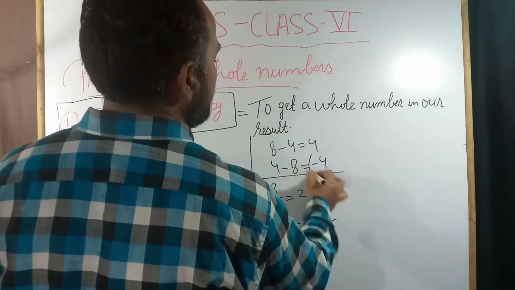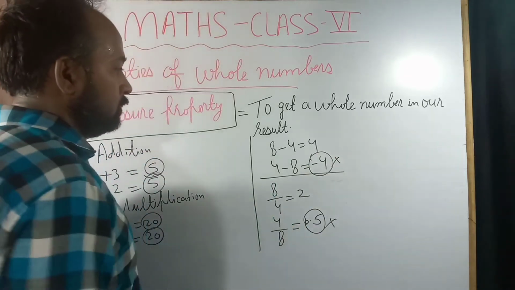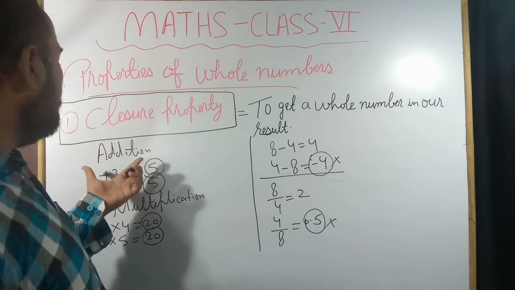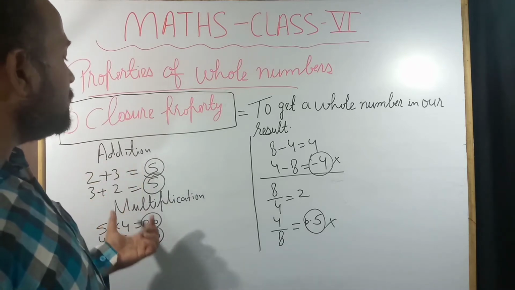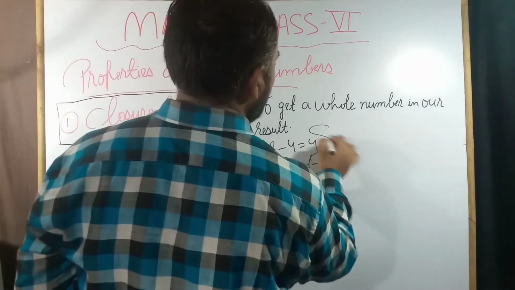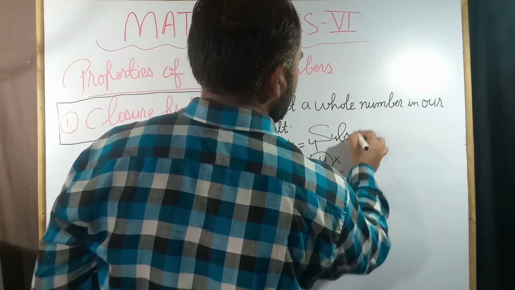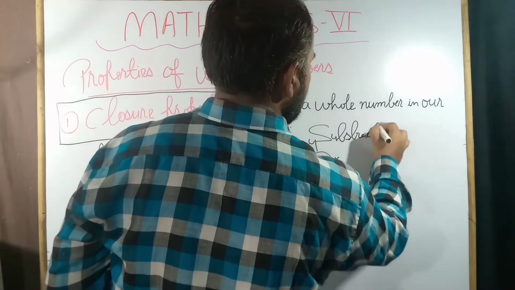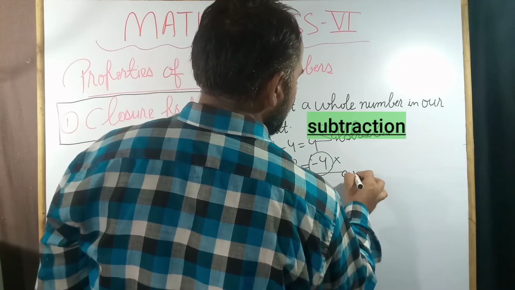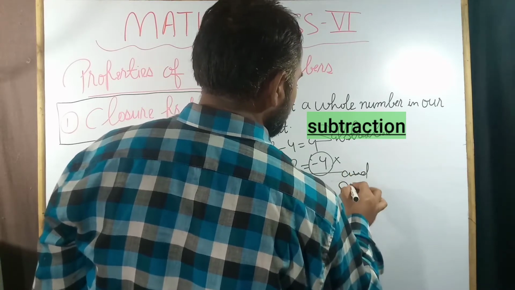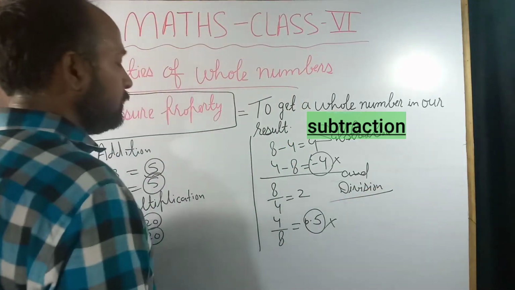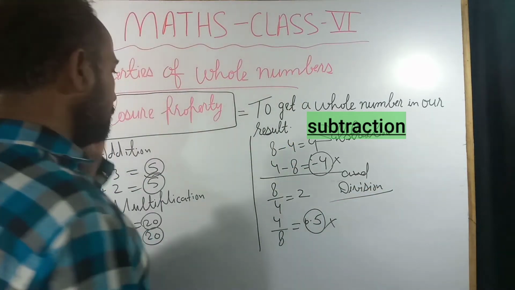So this property applies only to addition and multiplication, but in the case of subtraction and division, this won't be applied.